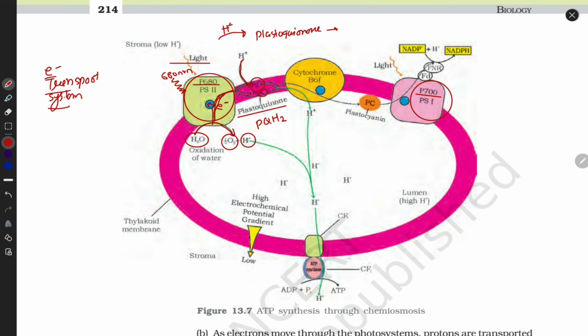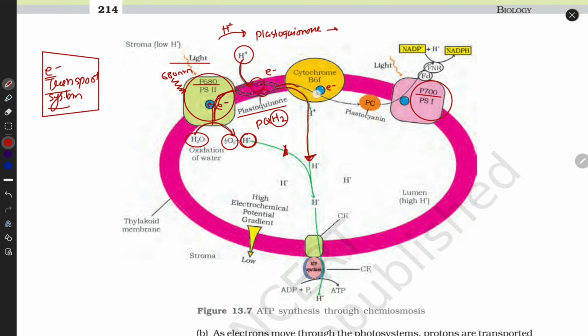It does not require this, but it absorbs it. They take this H plus ion and push it towards the lumen side of the thylakoid. Then the electron is transferred towards the cytochrome b6 complex, which is part of the electron transport system.